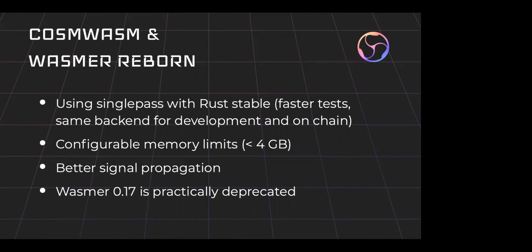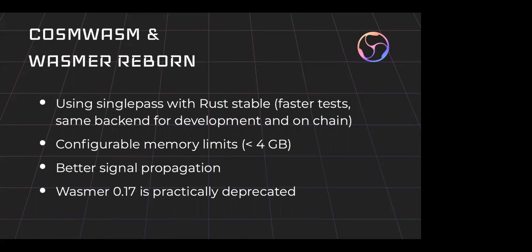CosmWasm 0.11 will come with Wasmer Reborn, and this is a complete rewrite of Wasmer, and it will bring us a bunch of nice improvements. First of all, we will be able to use the single pass WebAssembly backend of Wasmer with Rust stable. That allows you to use the Rust stable compiler with the same backend that is running on chain.